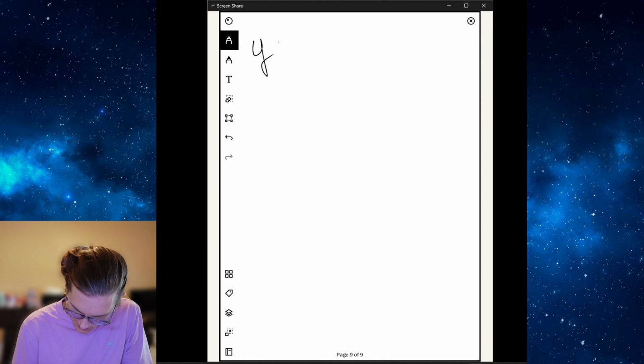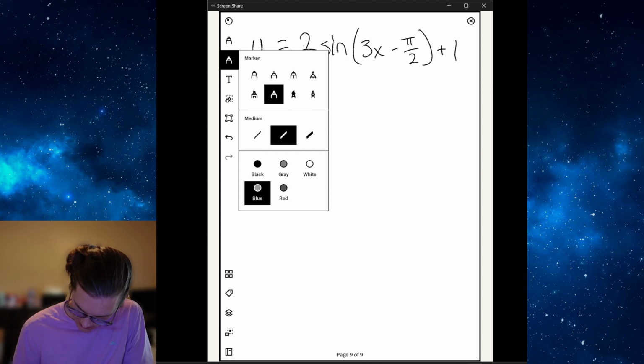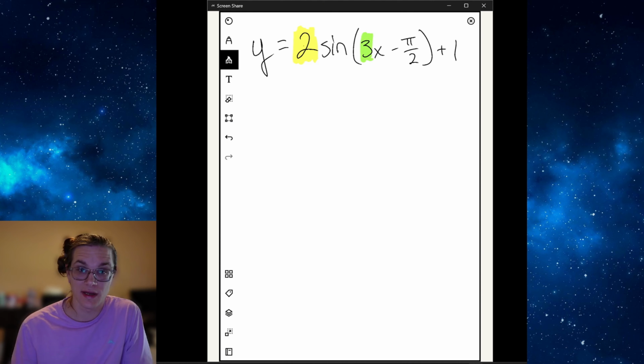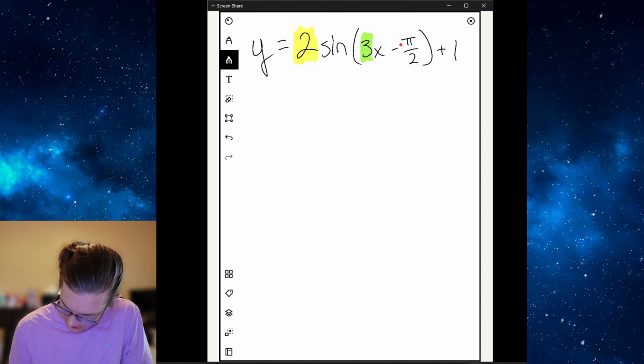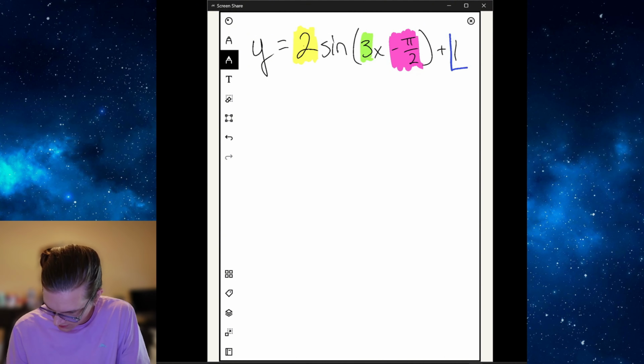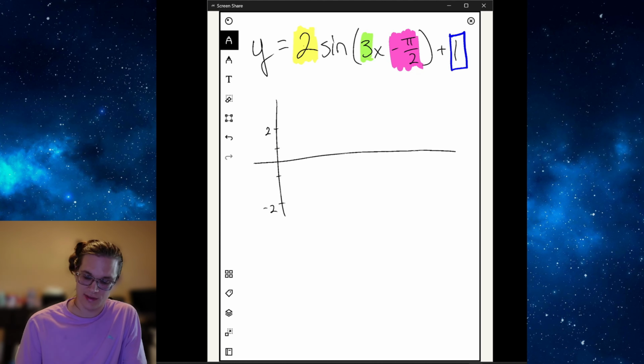So we have this guy, y equals 2 sine of the argument 3x minus pi over 2, plus 1. And I'll go in here with the highlighter, going through my amplitude, my information about the period, my phase shift or X shift. Sadly, I don't have another highlighter, but we'll do that. The amplitude of the wave is going to be 2, okay, which means it's going to go from 2 to minus 2 since it's sine.